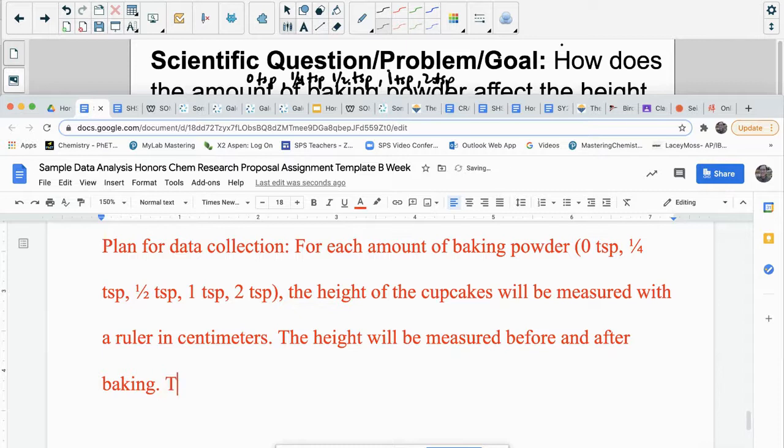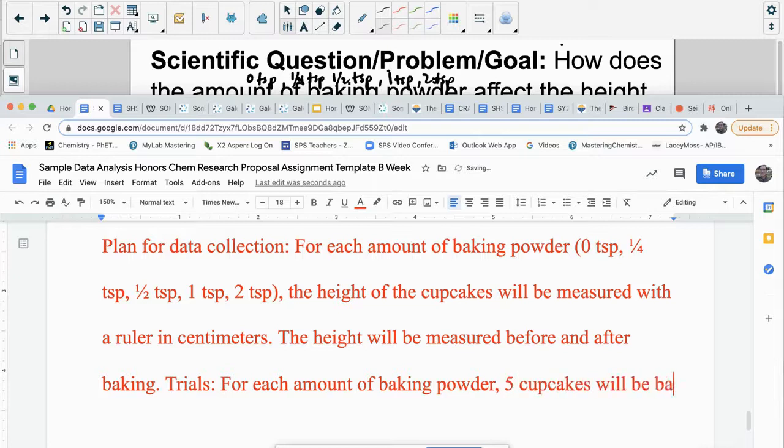Finally, we have to build in some kind of trials. So I'm going to just label this trials. For each amount of baking powder, 5 cupcakes will be baked with exactly the same recipe.